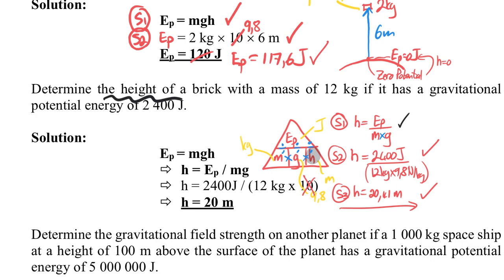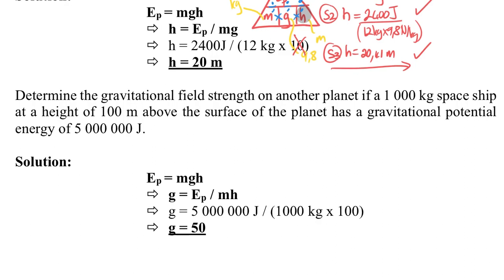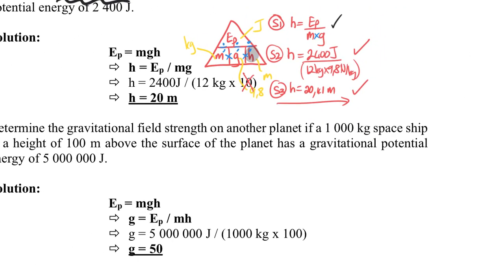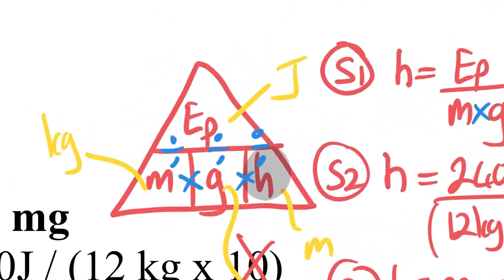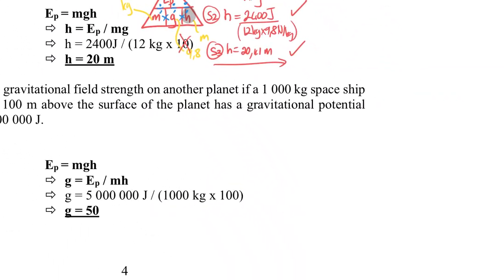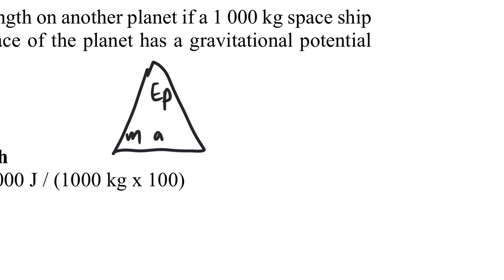Okay, so now looking at the solution, we need to find g. So using this formula triangle here, we are now going to work out g. Now, for the sake of clarity, I'm going to redraw it. So our potential energy is mgh.